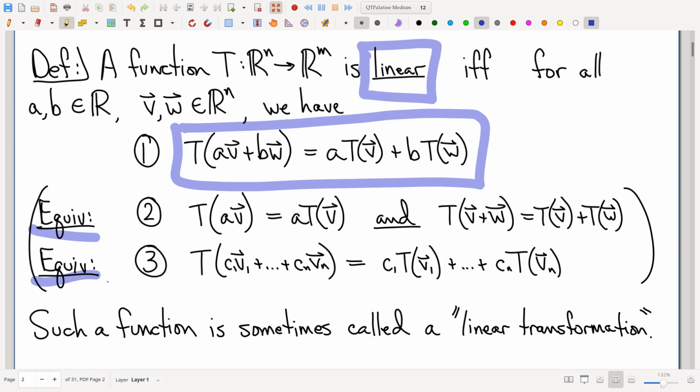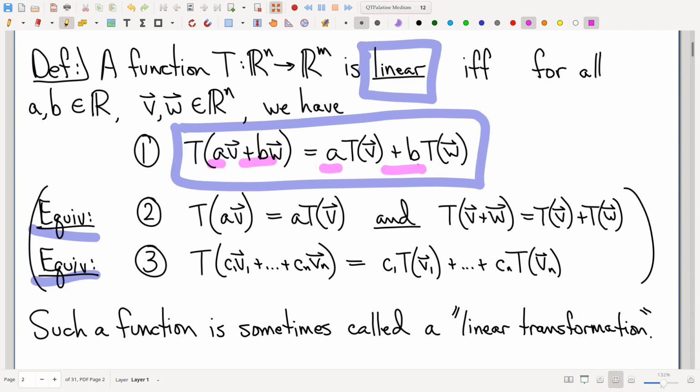And there are different ways to think about it. I like to think of it as when you do a linear combination of inputs to the function, the output is that same linear combination of the outputs from the function. So you can do the linear combination before the function or after the function. Take your pick.